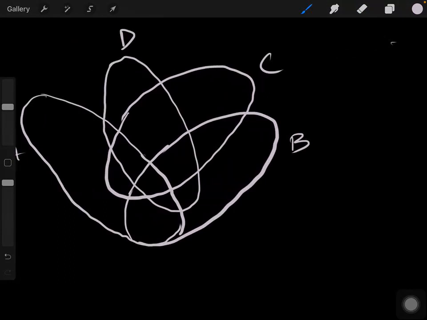We need 16 regions, remember? So 1, 2, 3, 4, 5, 6, 7, 8, 9, 10, 11, 12, this one 13, 14, 15, and of course the null set, the 16th.